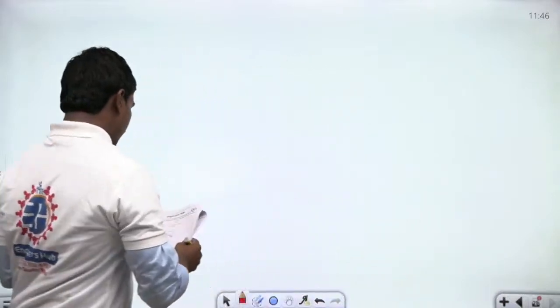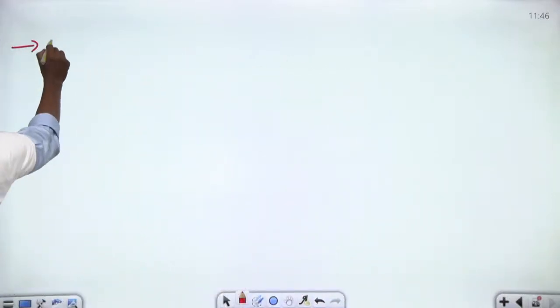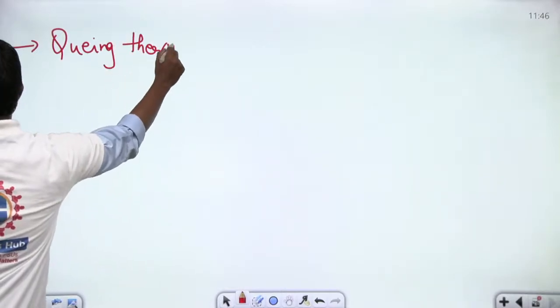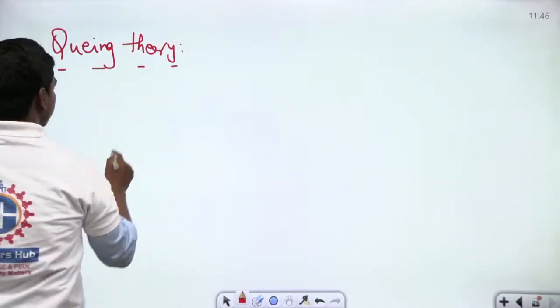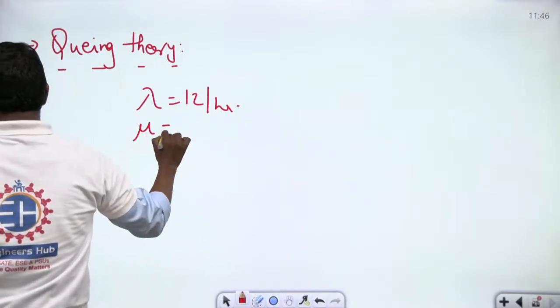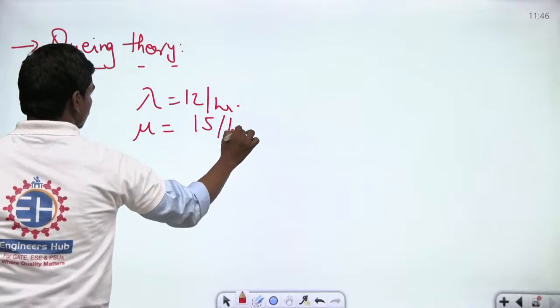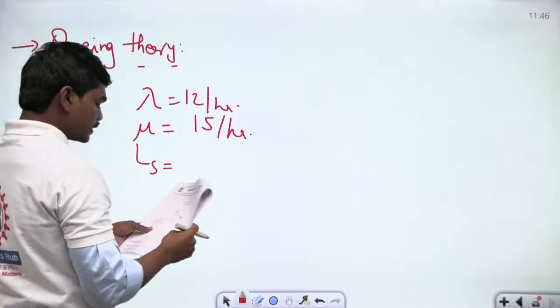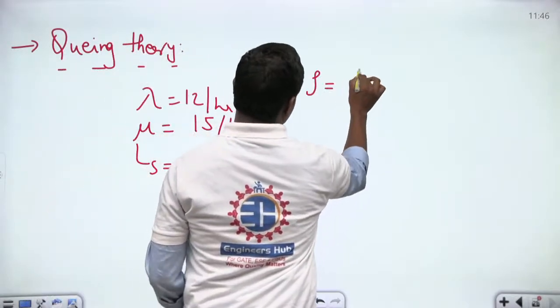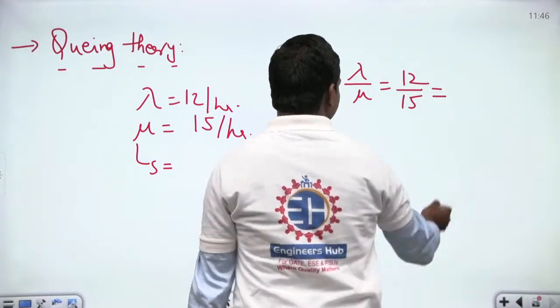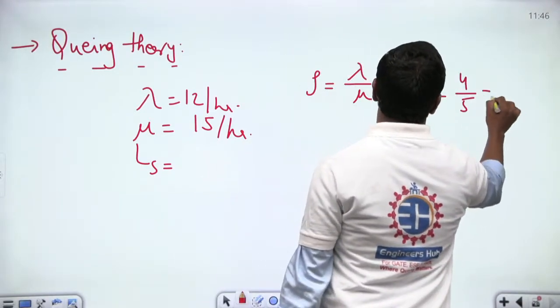Next, they have also given some question on queuing theory. In queuing theory, the arrival rate is 12 per hour, and the departure rate is also given, which is 15 per hour. Correct. So they are asking you what's the length of the system. Rho is equal to lambda by mu, so 12 by 15, which is 4 by 5, which is 0.8.